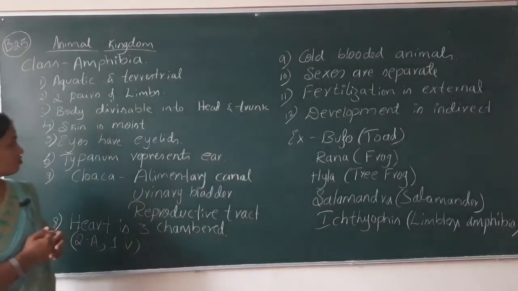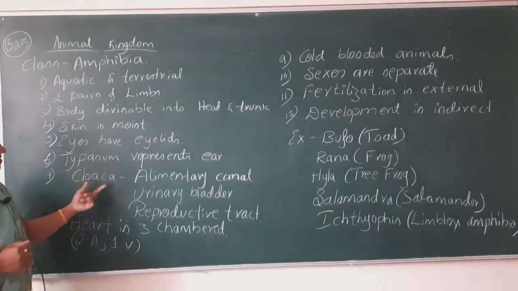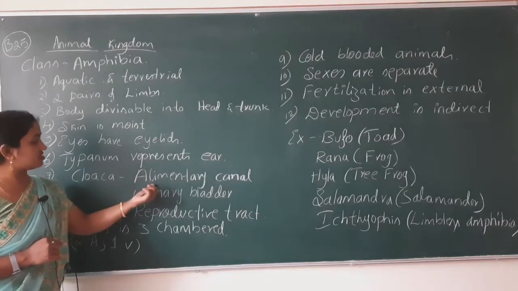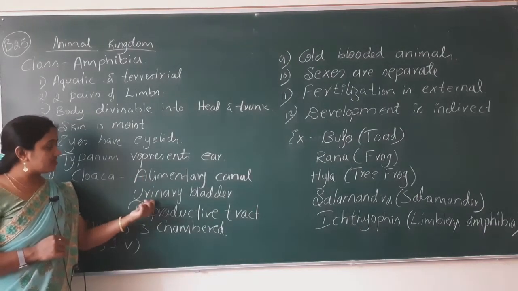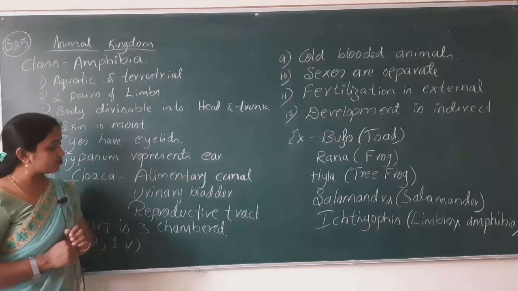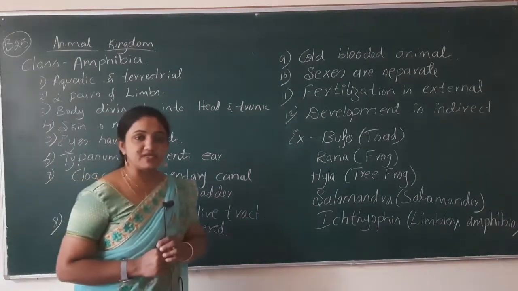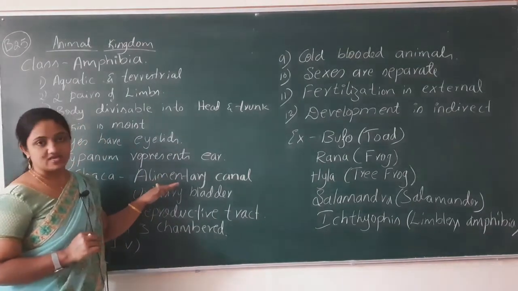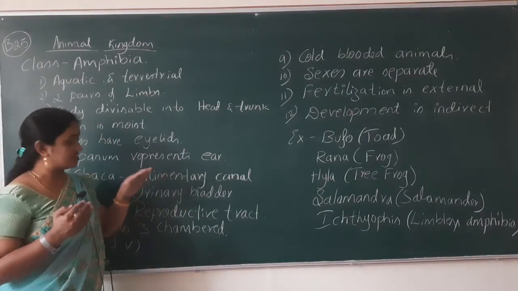which is going to absorb the sound waves. Here I have written cloaca, and in front of that, alimentary canal, urinary bladder and reproductive tract. Now what does it mean? It is simple. Alimentary canal is nothing but the digestive tract.